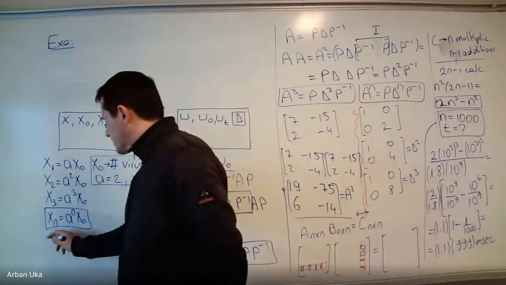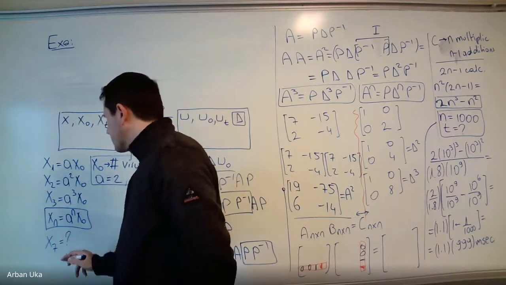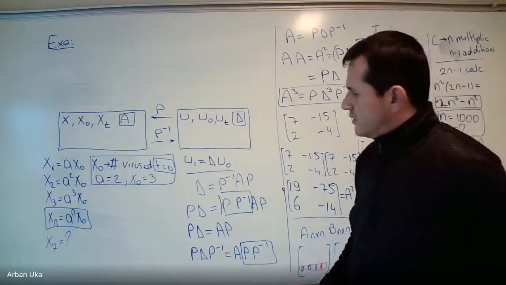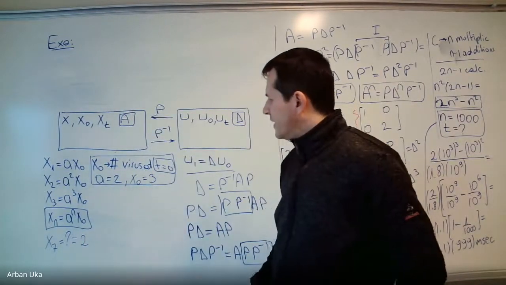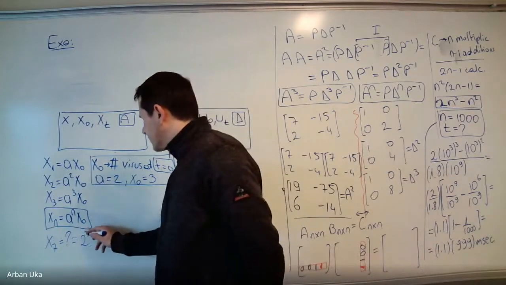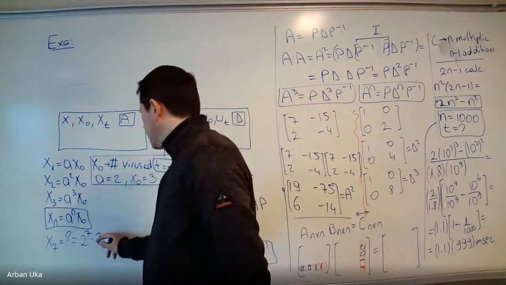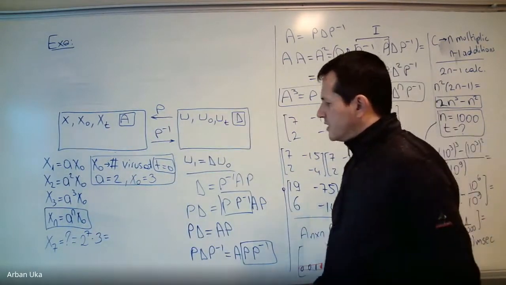So let's ask the following question: what is x7? What is going to be the number of viruses at some later time? Now we just substitute here, we say a is equal to 2. We're considering this after 7 time frames times the x0, which is 3. So here we have 2 to the power 7 is 128.